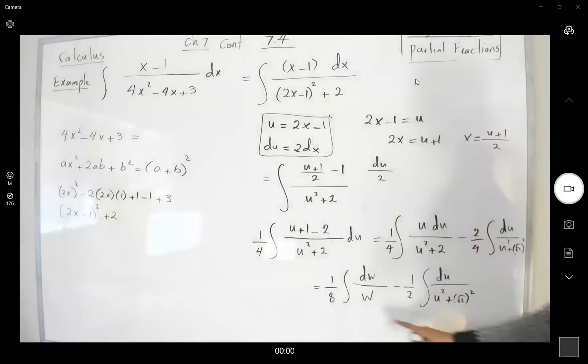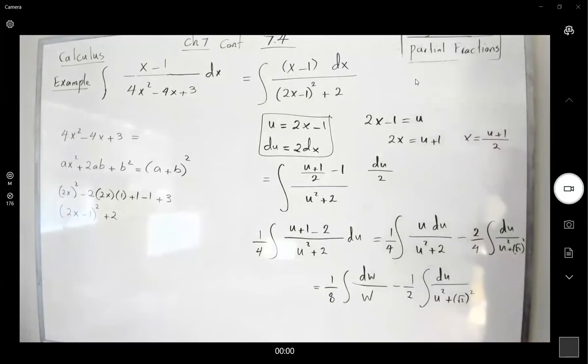So this is obviously a natural log, and this is obviously arc tangent.